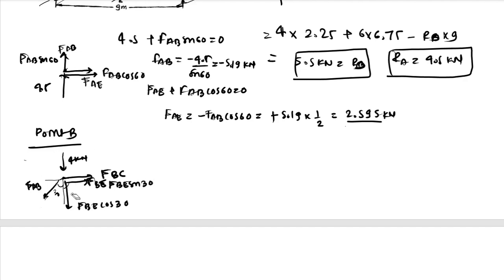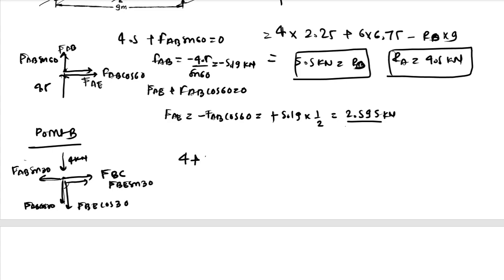Just remove the original force. We also have FAB sin 30 and FAB cos 30. So these are our resolution of forces. We have all the forces. We can just apply the equilibrium condition here.